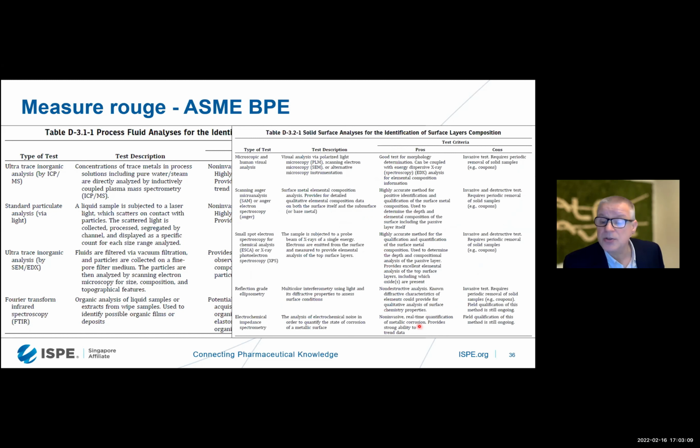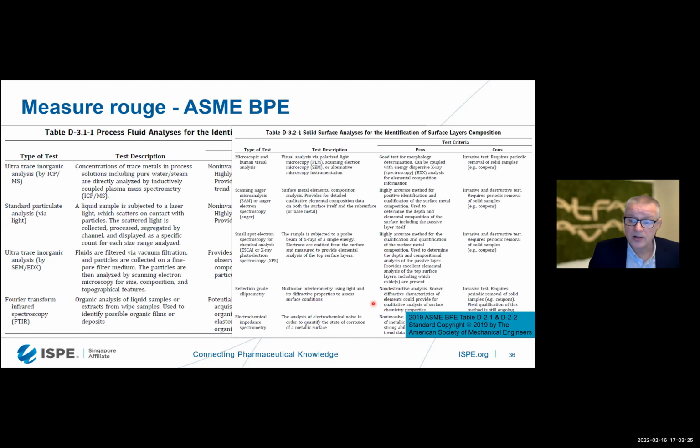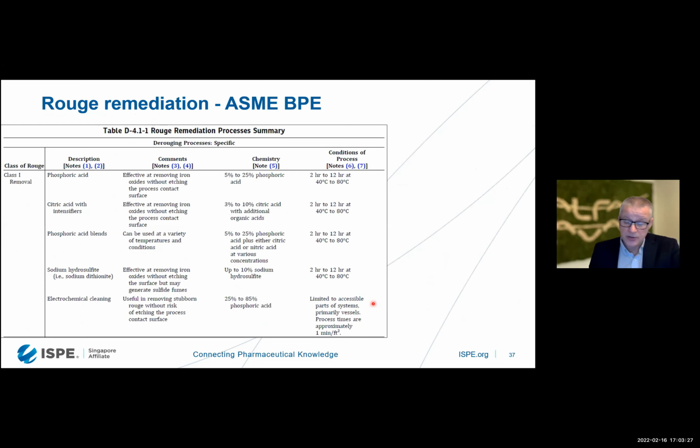That is a non-invasive measurement, but it's not fully tested, so we don't really know if it gives exact information about rouging in the system.